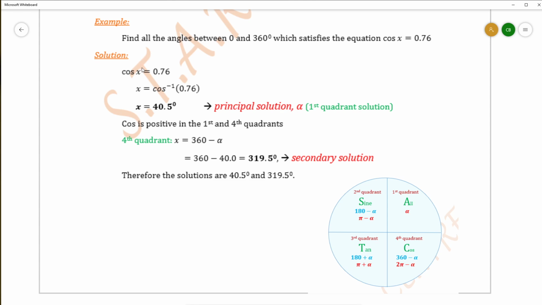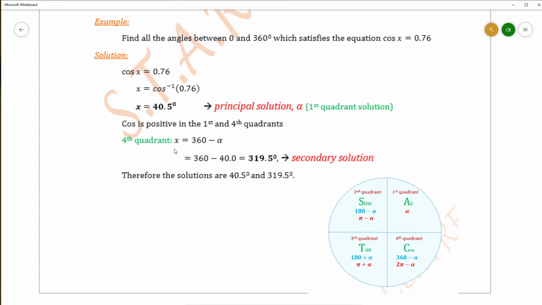So, since 0.76 is a positive number, our solutions would lie in the quadrants where cos is positive, and from our diagram we can see that in the first quadrant and the fourth quadrant cos would be positive. So the answer 40.5 is our first quadrant solution, and then we need to find our solution in the fourth quadrant.